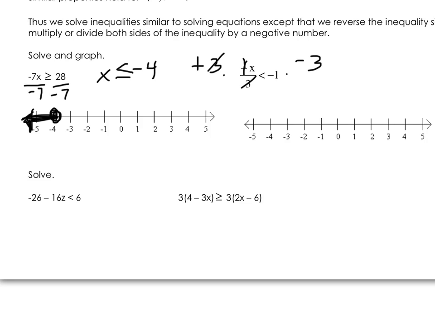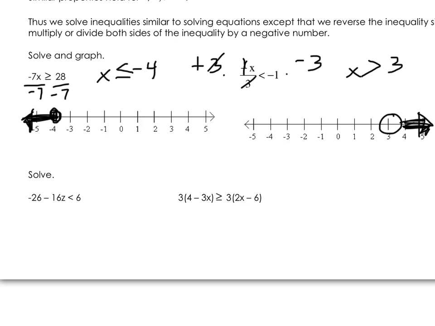So that just gives me x, and on the right I have a positive 3. What direction does my inequality go now? Since I multiplied by a negative 3, it has to reverse. So x is greater than 3, can't be equal to it. So it's anything greater than 3.